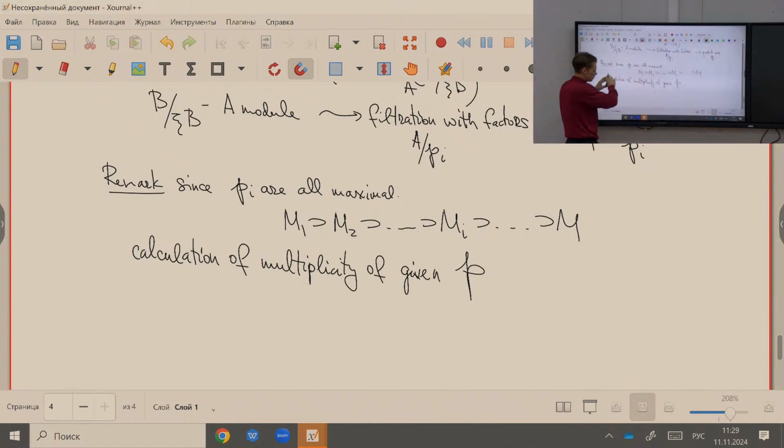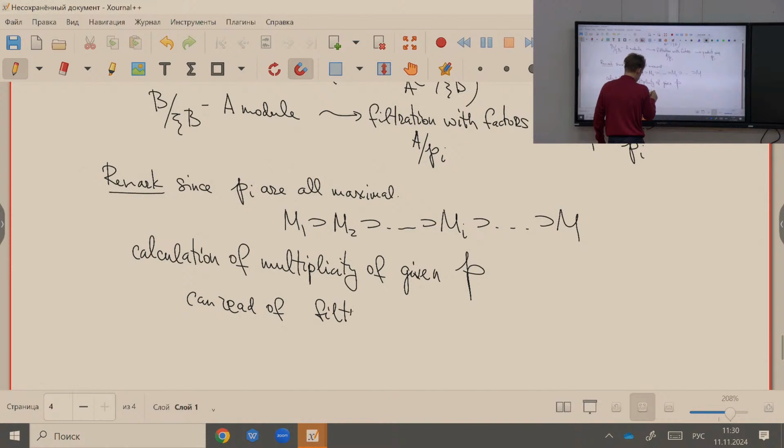You can use the same filtration, but when you take the localization, the factors differ, so the calculation of multiplicity can be read off the filtration where all modules are localized by P.